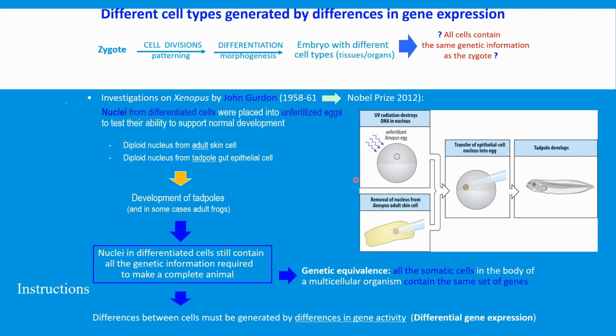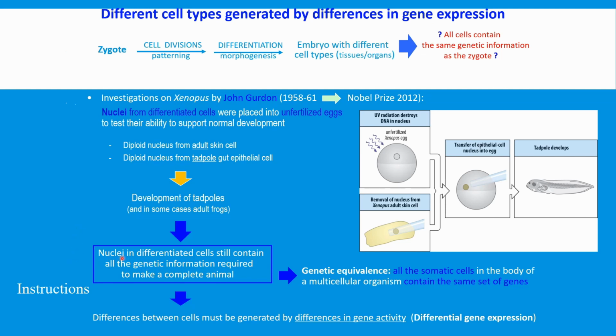And he removed the nucleus from them and he put it back into this egg in which the nucleus had been destroyed. And what he saw was that this now differentiated nucleus could give rise to a tadpole and in some cases even adult frogs. So this is a pretty remarkable experiment, mostly just physical manipulation of the nuclei and the eggs, but it's still pretty cool and groundbreaking.